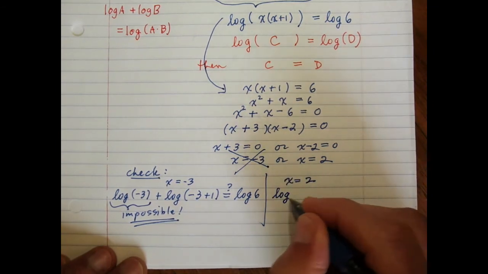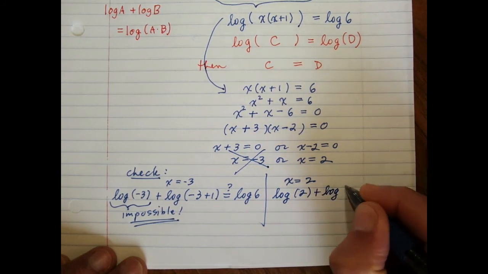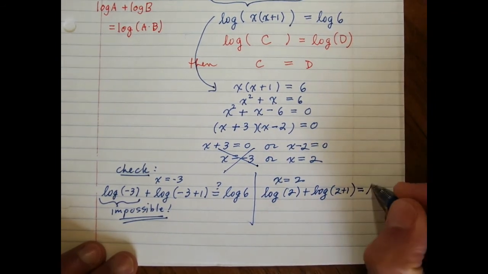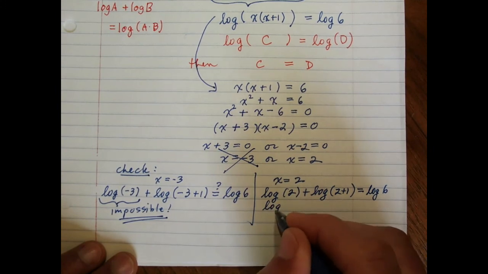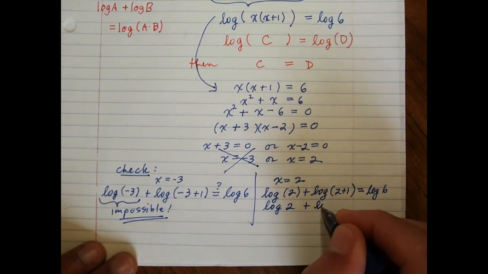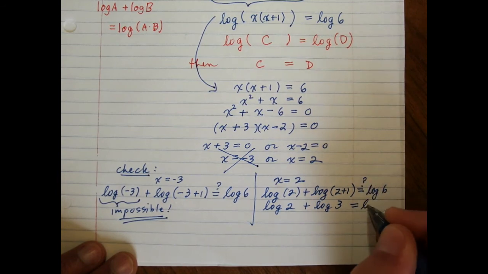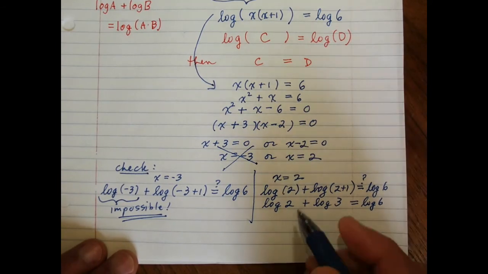Is log 2 plus log of 2 plus 1, is that equal to log 6? Log 2 plus log 3, is that equal to log 6? Now here, no negatives inside the log, right?